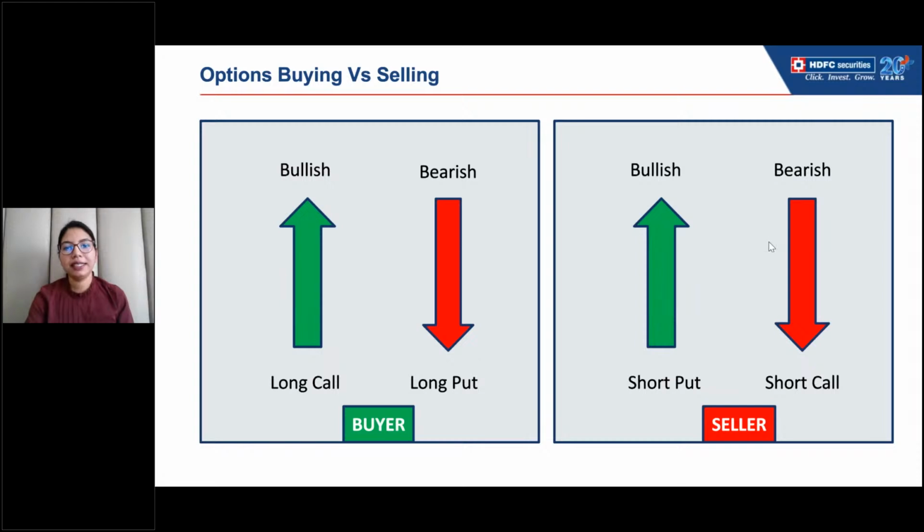But if you are a seller, what you will do, अगर आपका व्यू बुलिश है, आप पुट को शॉर्ट करोगे, आप पुट को बेचोगे, ठीक है. And if you are bearish on some entity, what you will do, you will short a call.